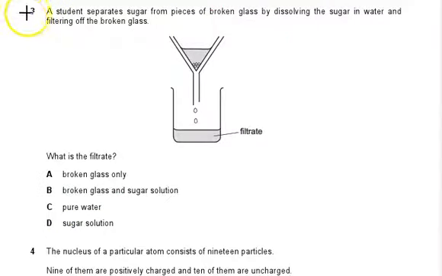Okay, now for question number 3. A student separates sugar from pieces of a broken glass by dissolving sugar in water and filtering off the broken glass. So this is filtrate and this is the residue. So what is the filtrate?